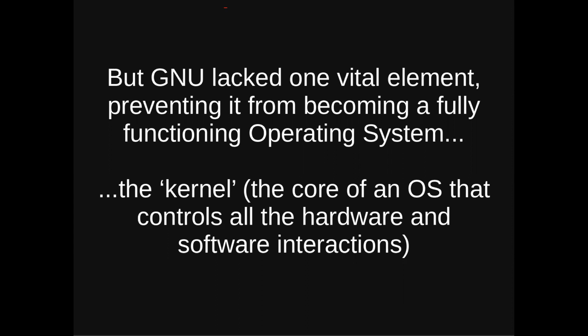The kernel is the core bit of an operating system that controls all the hardware and software interactions. It's the beating heart of it that controls how the software interacts with the components in your computer and manages all those complex processes. So that's a really fundamental part of any operating system, and GNU didn't have one.